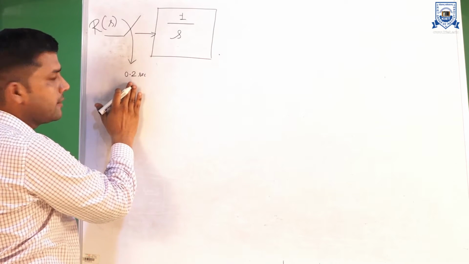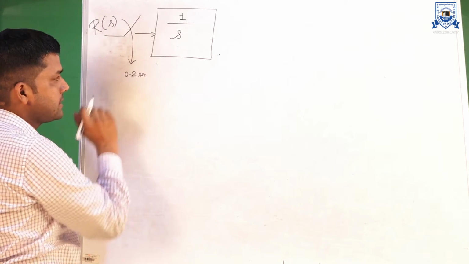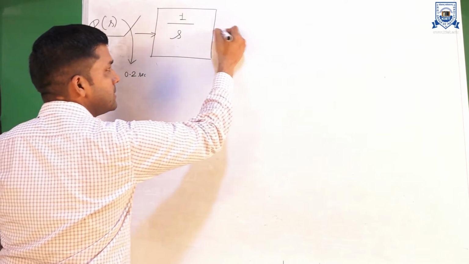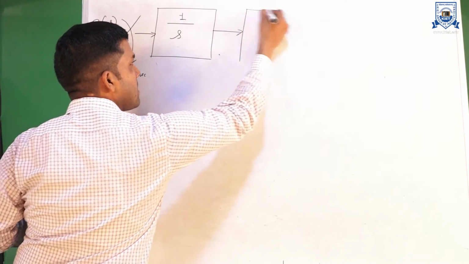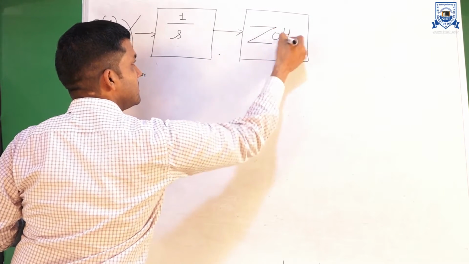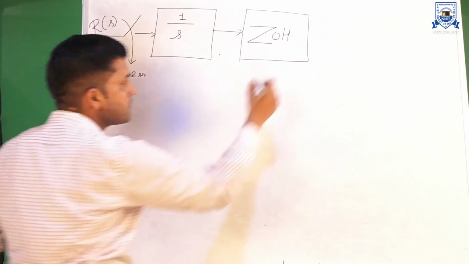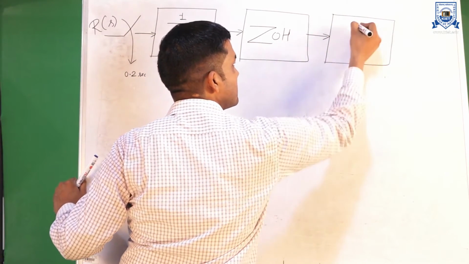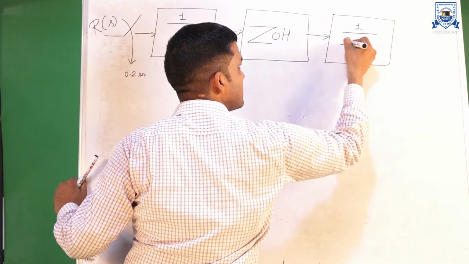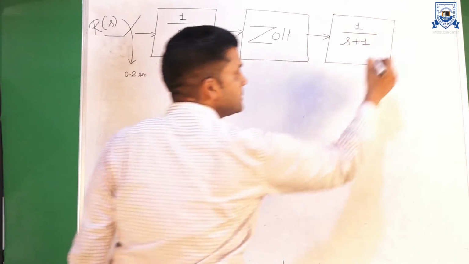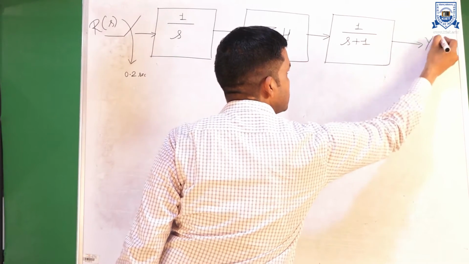This is a sampler having 0.2 second sampling time. This is the transfer function of this block, 1 upon s. This is the zero order hold. This is another transfer function, 1 upon s plus 1, and this is the output Y(s).